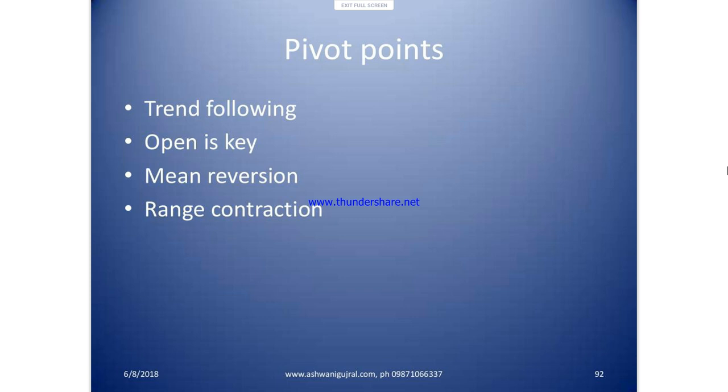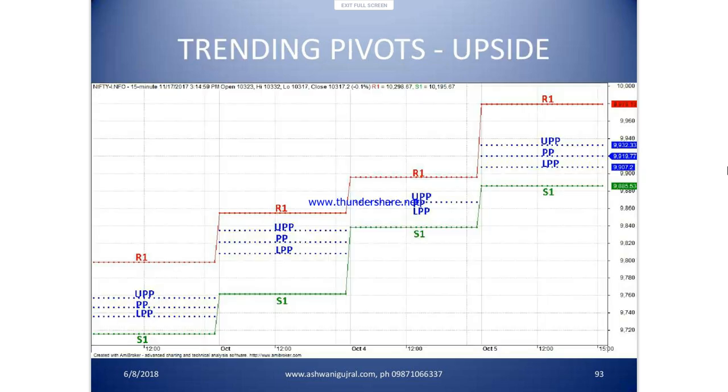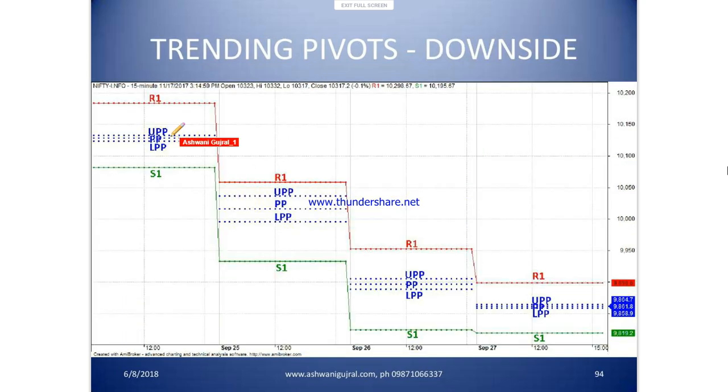So trend following I just showed you here. This is a pivot on the downside. So if a market is going down, these are the kind of pivots you are likely to encounter. So again, this is sell on rally.